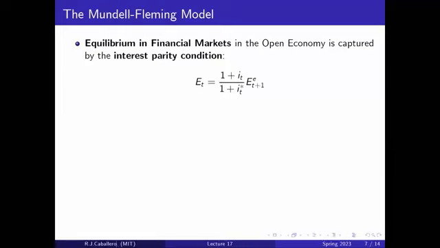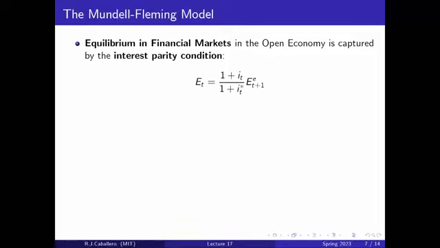Remember, it's the last expression we had in the previous lecture that takes this form, okay? Before I simplify lots of things, I wrote this down, and it says that the exchange rate is equal to that, okay? Now, what is this? Where does this equation come from?